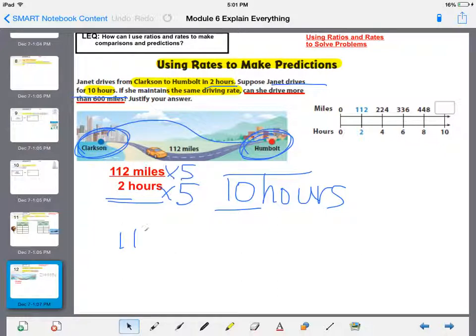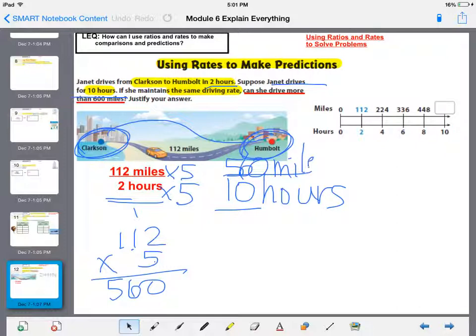So 112 times 5: 5 times 1 is 5, plus 1 is 6, and 5 times 1 is 5. This gives us a total of 560 miles. The answer would be no, she is not going to drive more than 600 miles, because at this same rate, she's going to drive 560 miles in 10 hours.